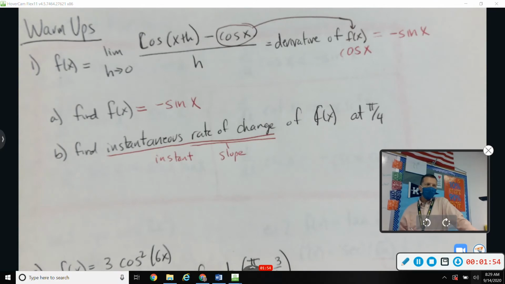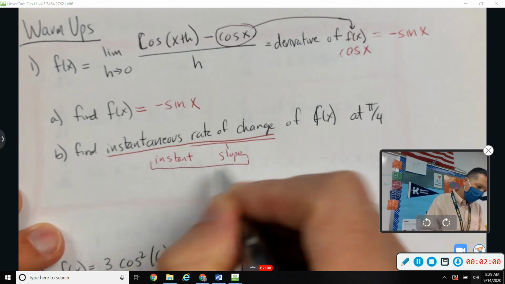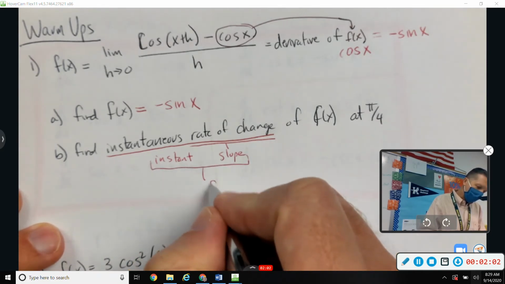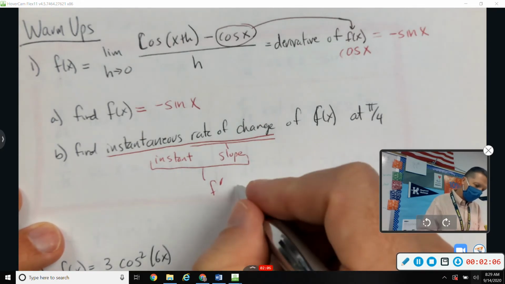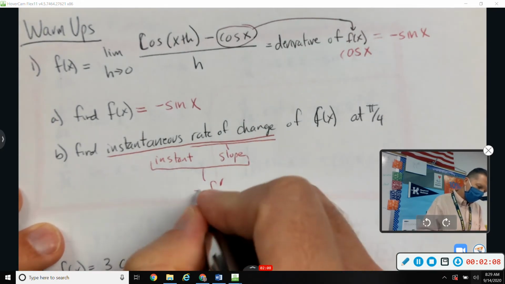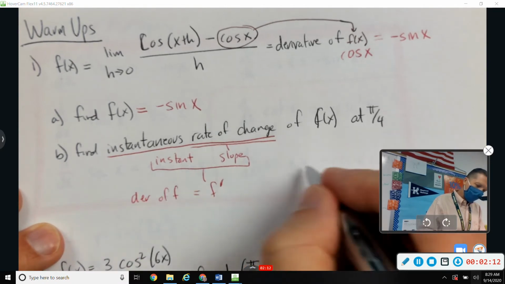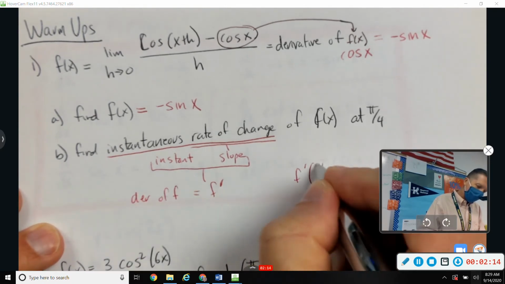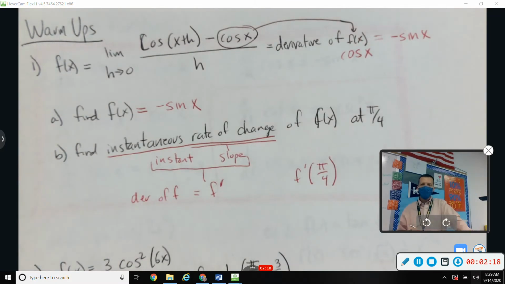Average rate of change is just the algebra 1 slope formula. Instantaneous rate of change is calculus. That's f prime, the derivative of f. And we want it at pi over 4. So first job is to find f prime.